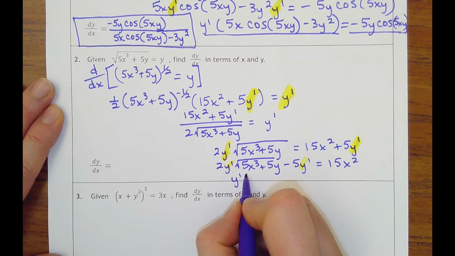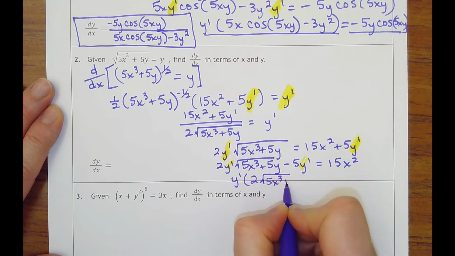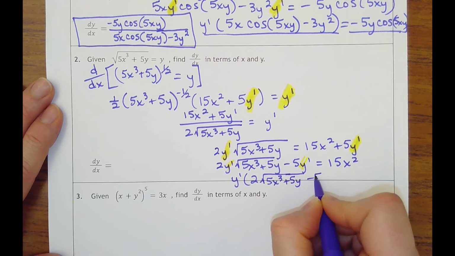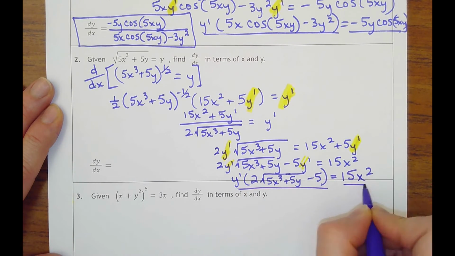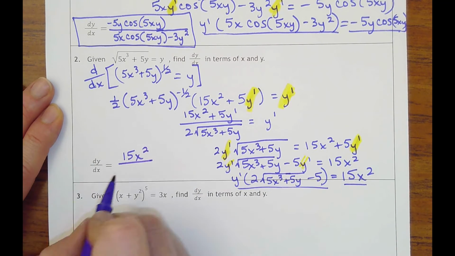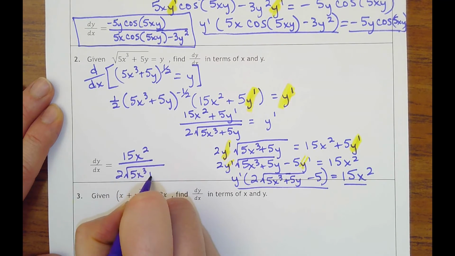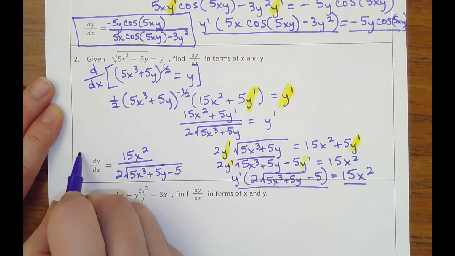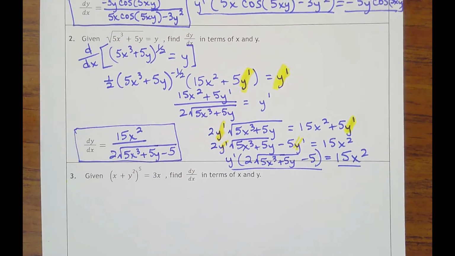And I get times 2 square root 5x cubed plus 5y minus 5. So hopefully you can see what the answer is when I divide by this. It'll be 15x squared all over 2 times the square root of 5x cubed plus 5y minus 5. All right, and then last one.